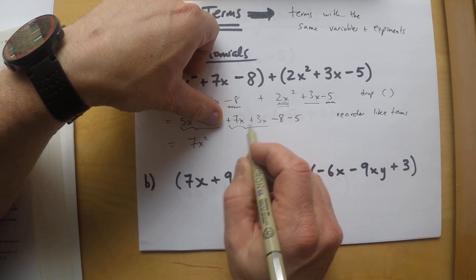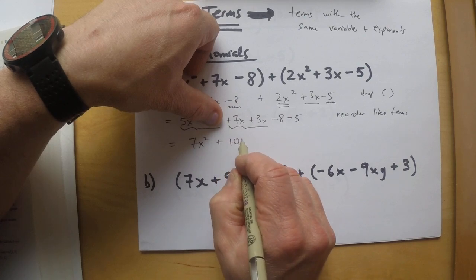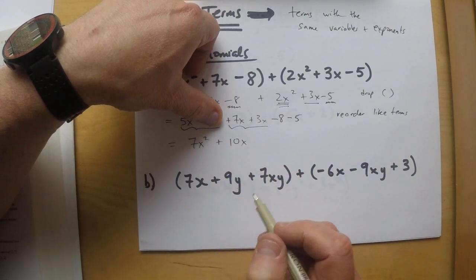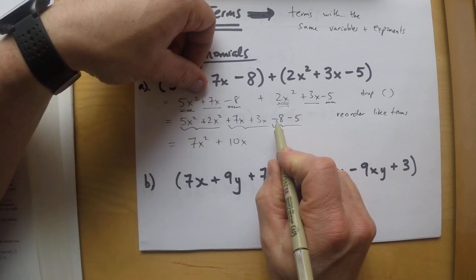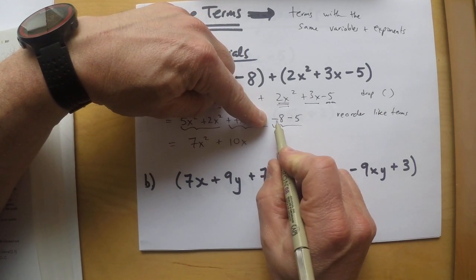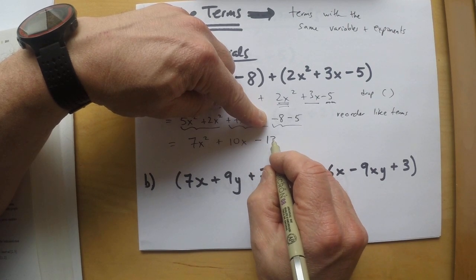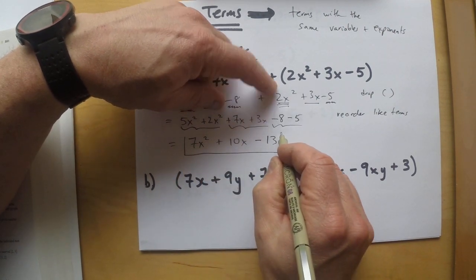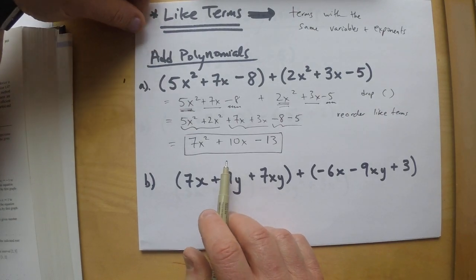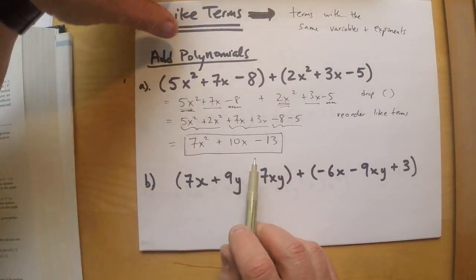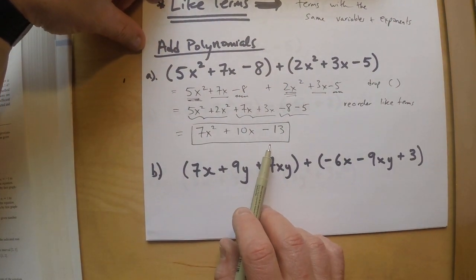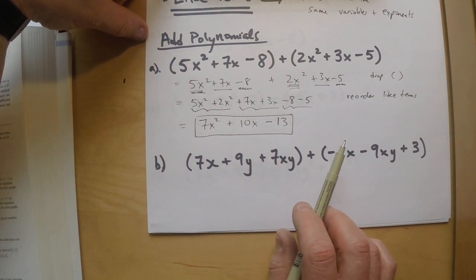So 7x's plus 3x's is positive 10x, or just 10x. And then I am collecting my minus 8 minus 5, or take away 5, and that is take away 13. And that is my final answer. So hopefully that rings a bell on adding polynomials and like terms.